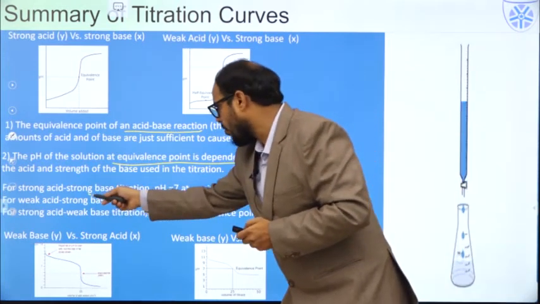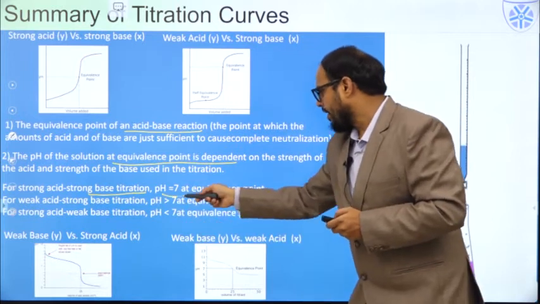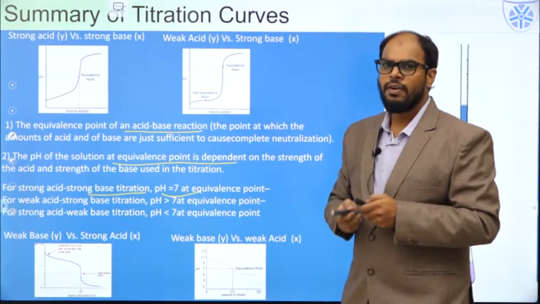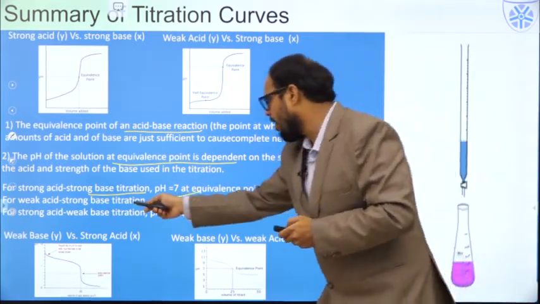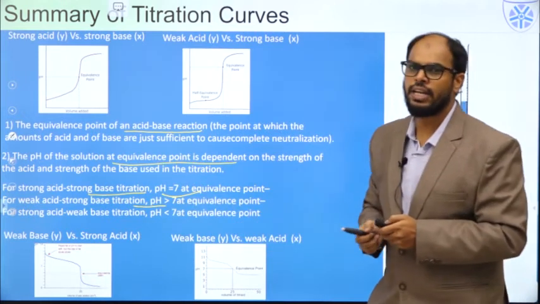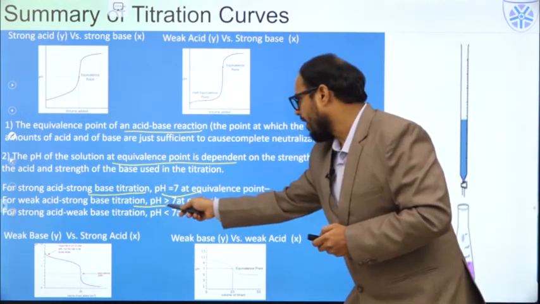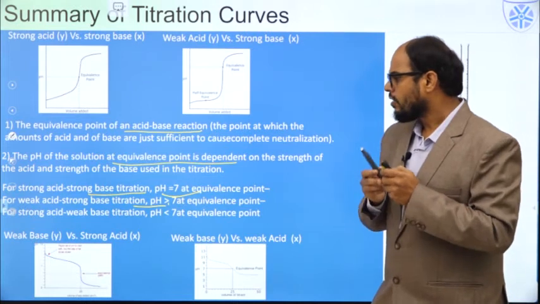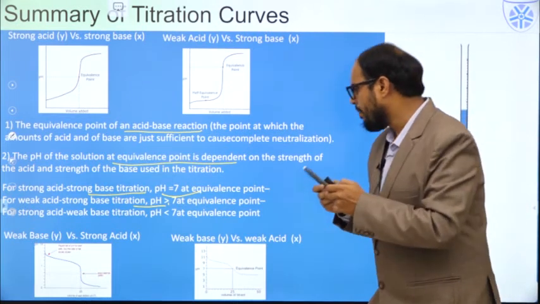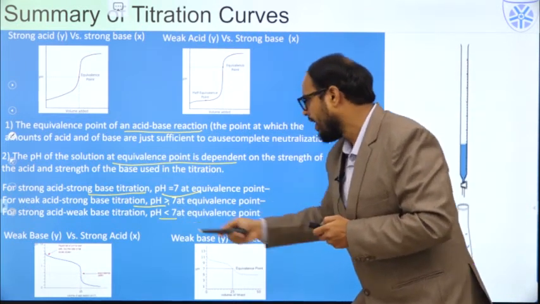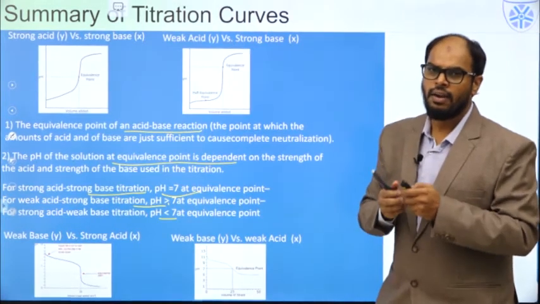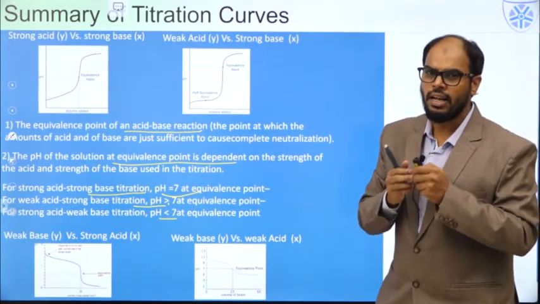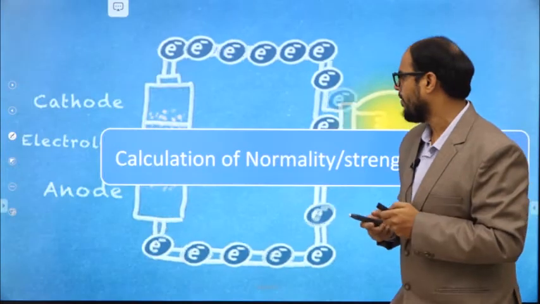For a strong acid strong base titration, pH 7 is the equivalence point. For a weak acid and a strong base titration, the equivalence point is greater than 7. For a strong acid and a weak base, the equivalence point is less than 7. In this way, we are trying to understand the different kinds of titration curves.